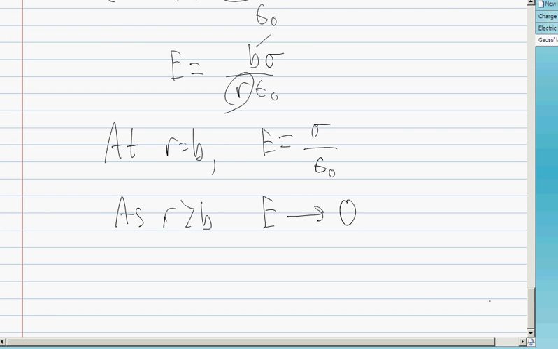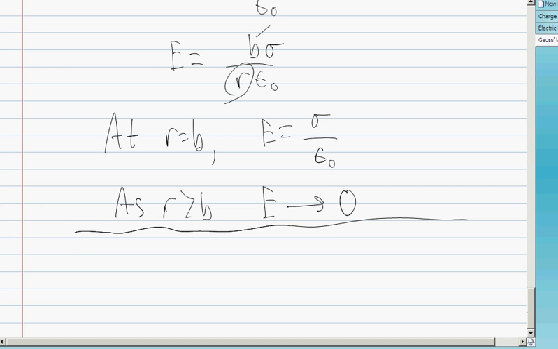That's a good one. The last one I want to talk about is an insulating sphere. Or, sorry, cylinder. With a volume charge density.